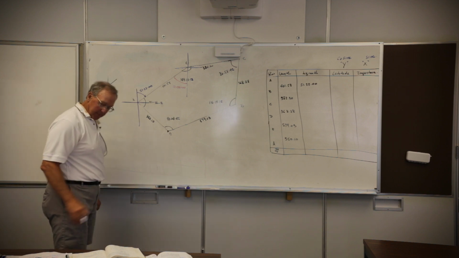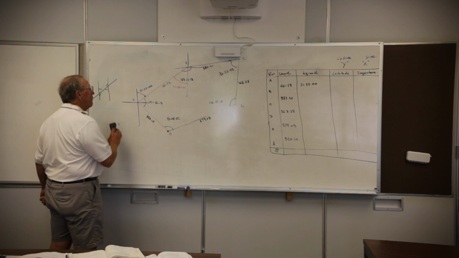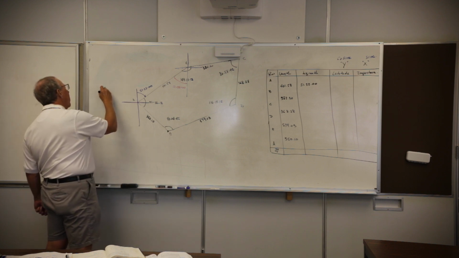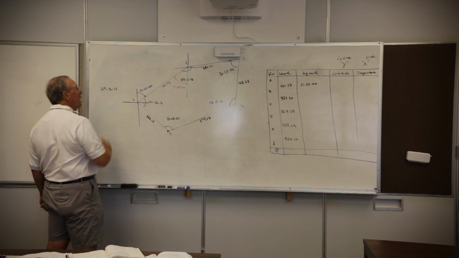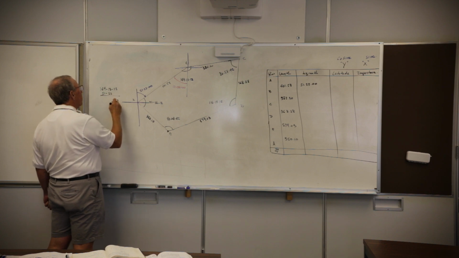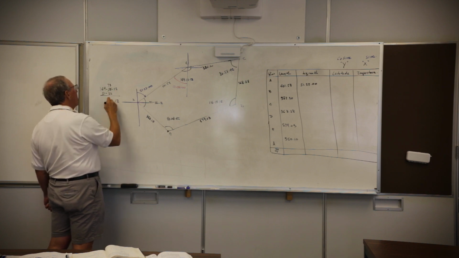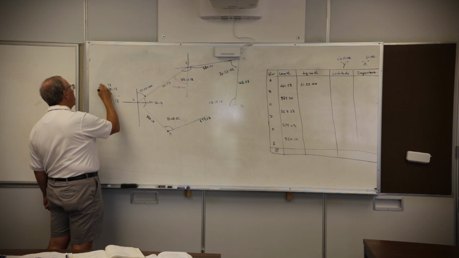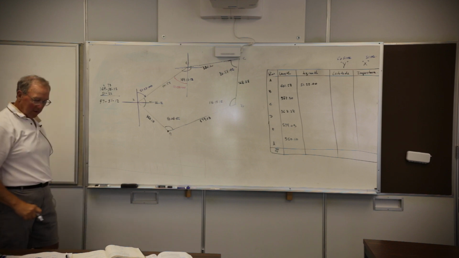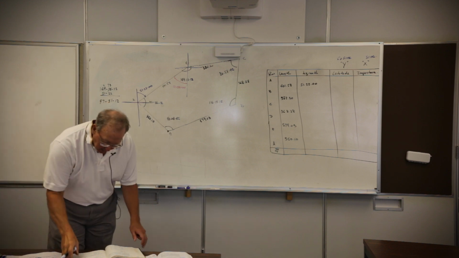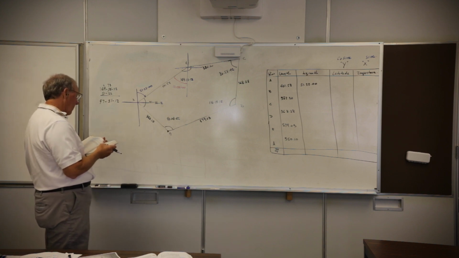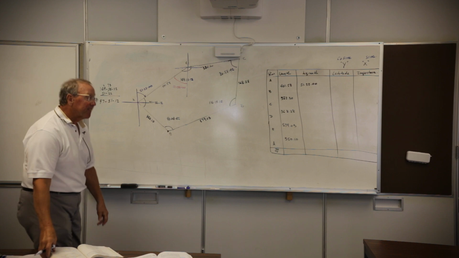So I'm going to take 149, 13, 12 and subtract 51, 22 from it. I get 97, 51, 12.